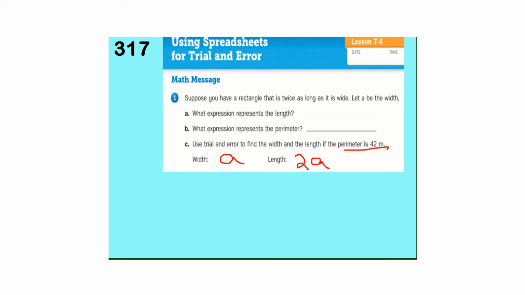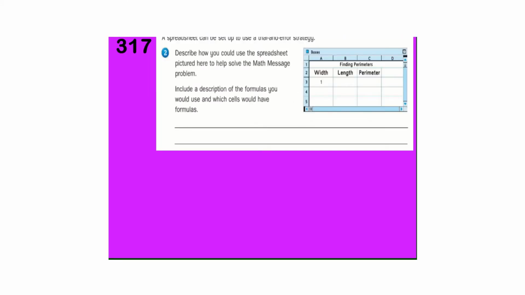So a spreadsheet keeps your items in order. That's basically why we're using the spreadsheet. If the width is 1, the length would be 2, what would be the perimeter? 1 plus 1 plus 2 plus 2 is 6. So in the last problem, that's how you would have filled this one out.